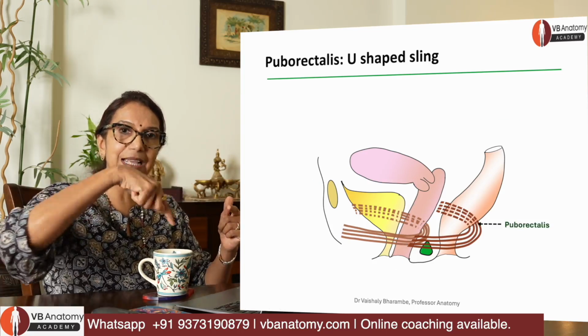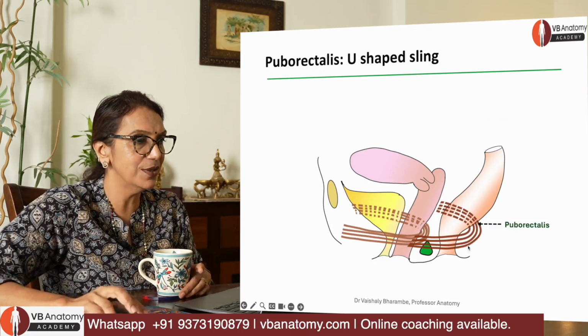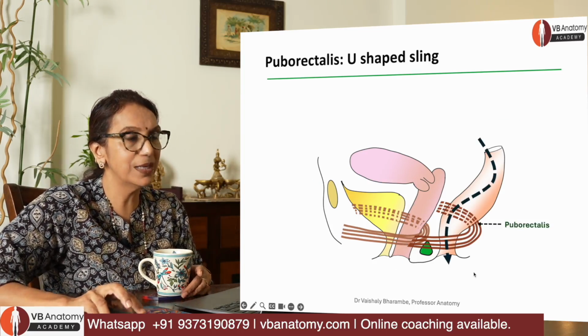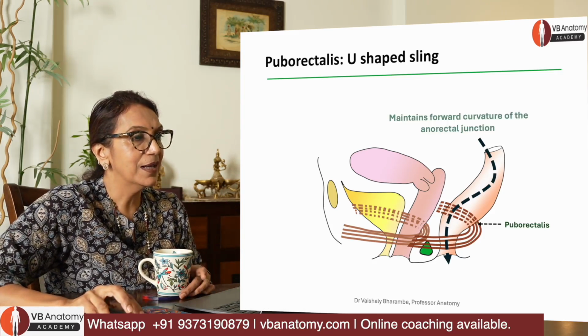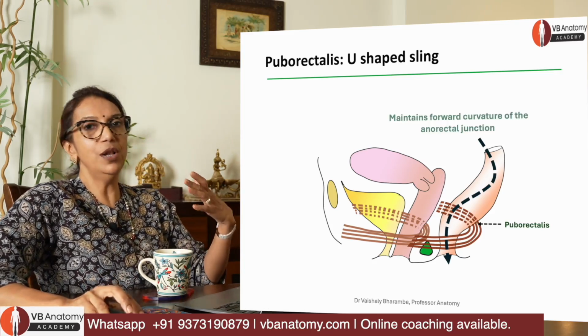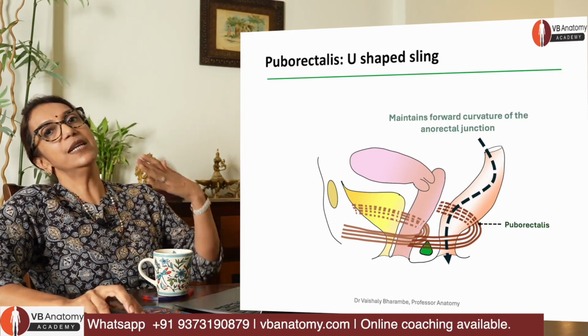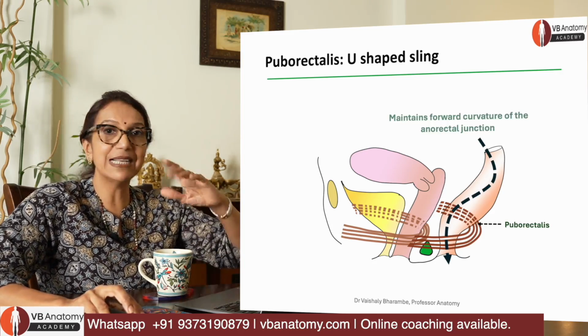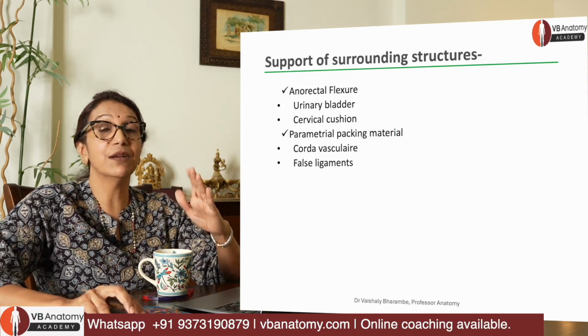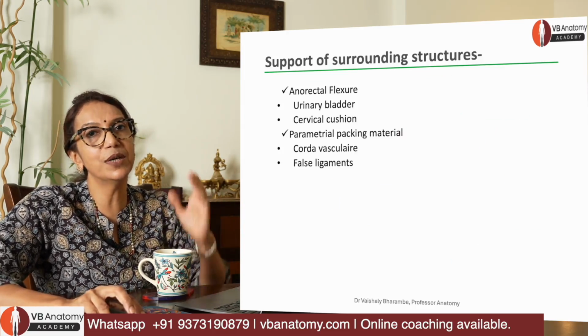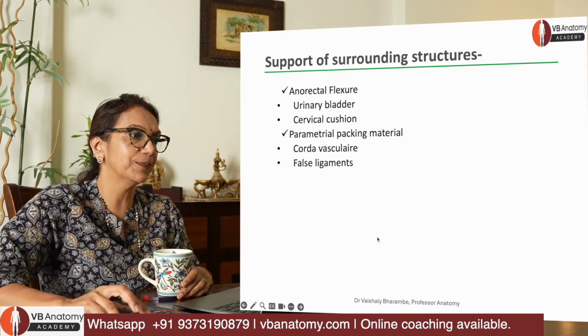It's forming a sling around the rectoanal junction, and you can see how it helps to maintain the angle of the rectum and anal canal. So the posterior wall of the uterus is literally leaning backwards on this angle. The posterior wall of the uterus and vagina is being supported by the anorectal junction.